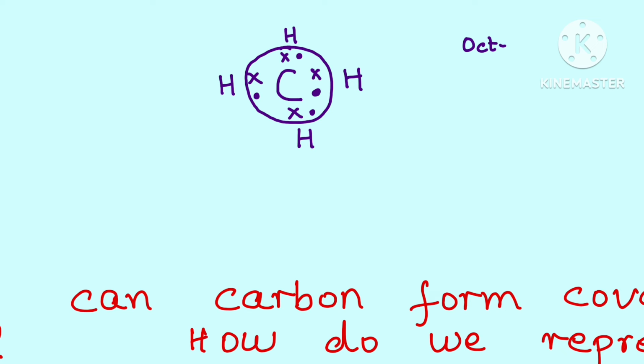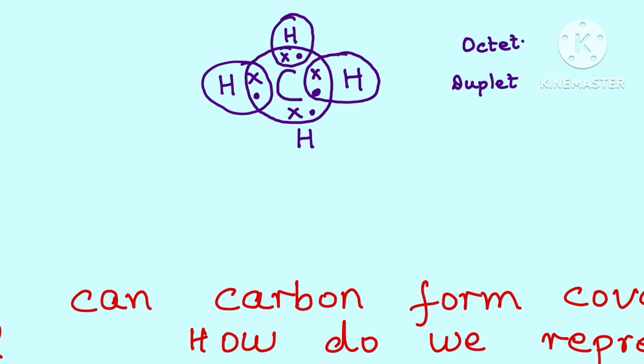Remember, octet, it wants to complete its octet. Hydrogen, because it's a small atom, is happy to have only 2, what we call a duplet. Again, the finer understanding of this topic is in the video on covalent bonding and covalent compounds.